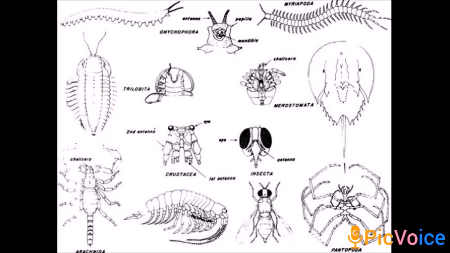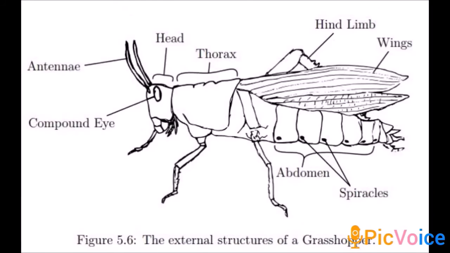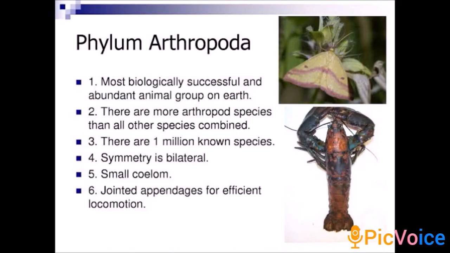The body of the arthropods is covered with a chitinous exoskeleton, that is, they have small hairs, and the skeleton is made up of chitin. That is why it is called a chitinous exoskeleton. The whole body is differentiated into head, thorax, and abdomen.